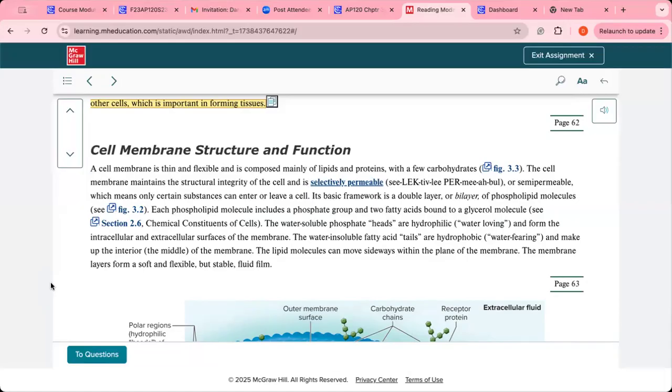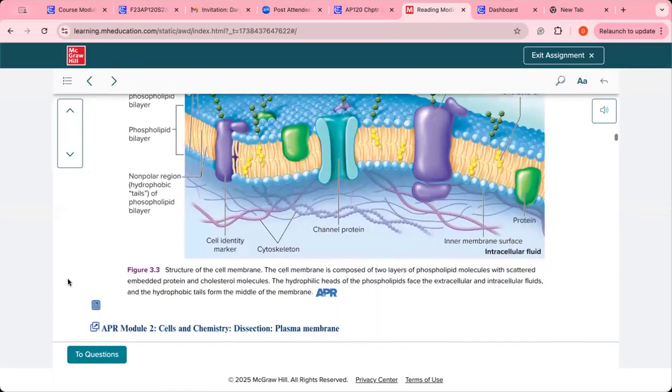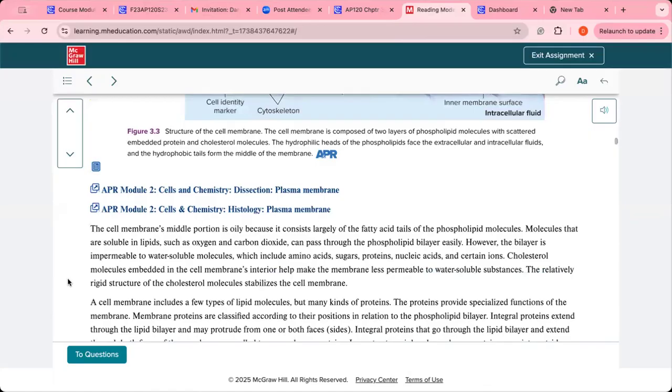The water-soluble phosphate heads are hydrophilic and form the intracellular and extracellular surfaces of the membrane. The water-insoluble fatty acid tails are hydrophobic and make up the interior of the membrane. Okay, what else does it say about the phospholipid bilayer? Does it say anything else?